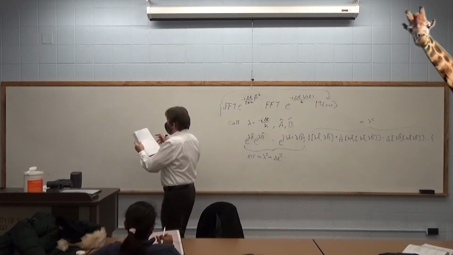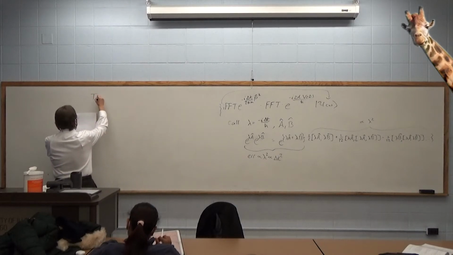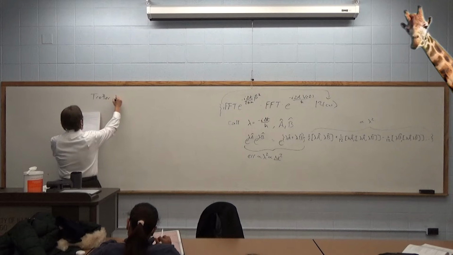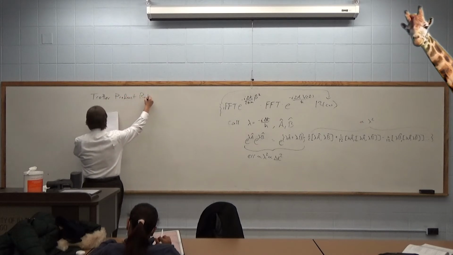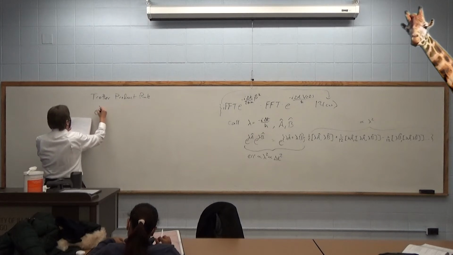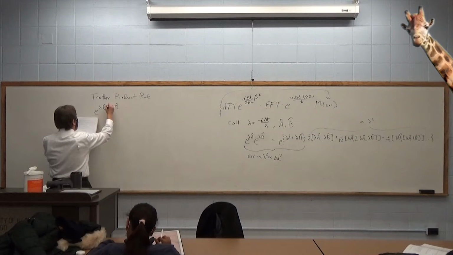But the way to really get this to work is actually related, the Schrodinger product rule. And the way that works is, again, here is our Hamiltonian.